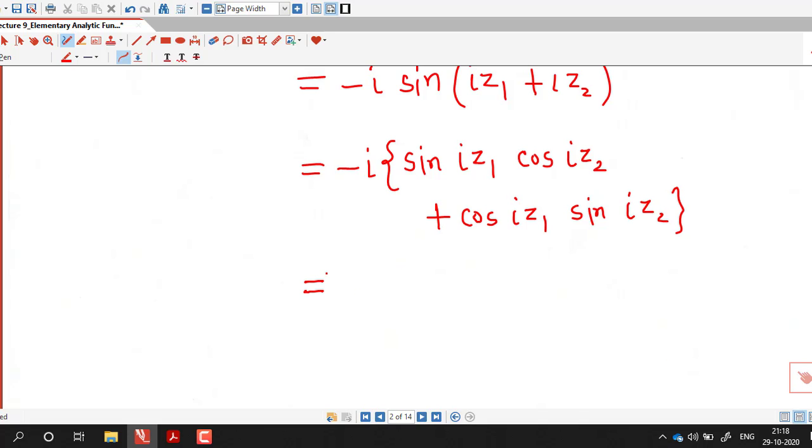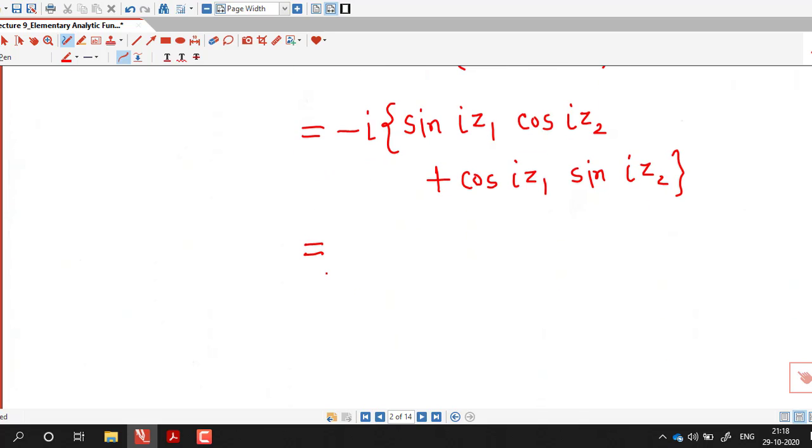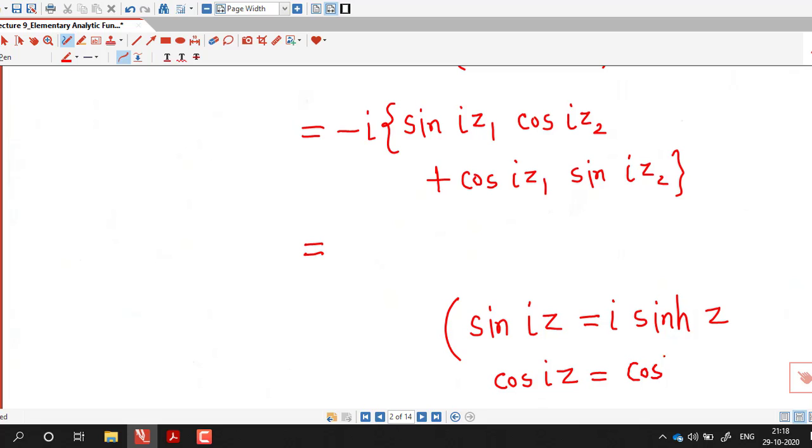Now again we use the relationship between trigonometric and hyperbolic functions. I can replace sine iz by i sine hyperbolic z, and cos iz can be replaced by cos hyperbolic z.